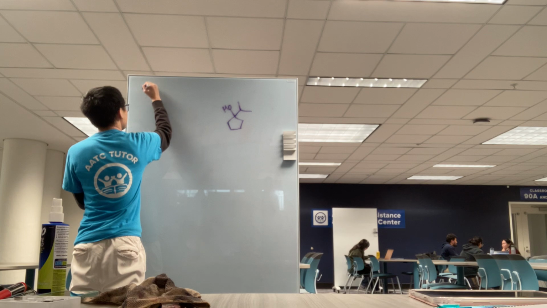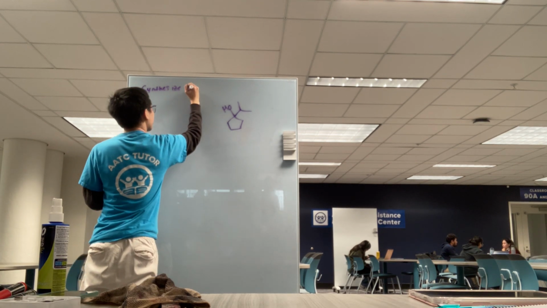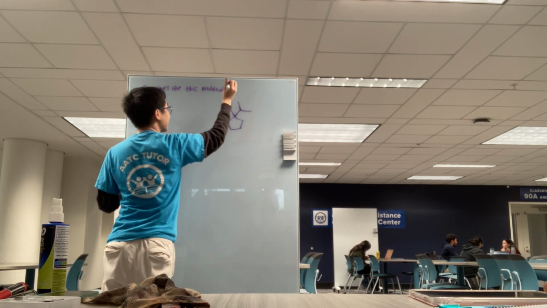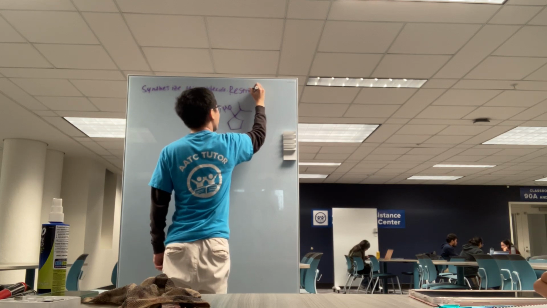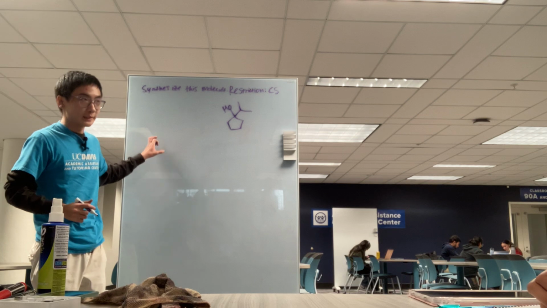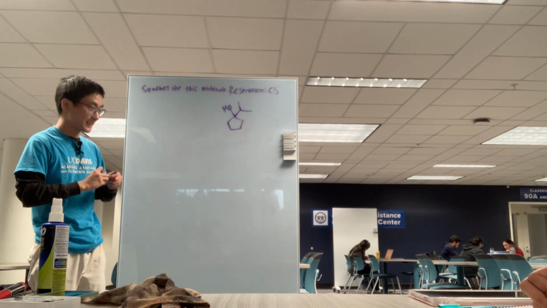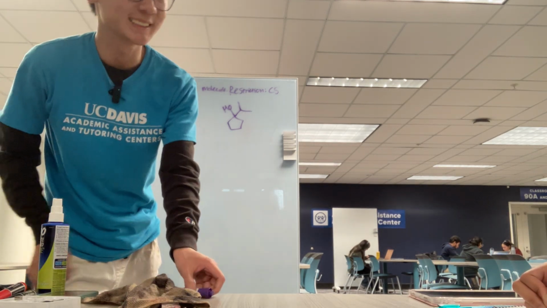Let's say synthesize this molecule. The restriction, C5. Meaning that your reactant molecule cannot be bigger than 5 carbons. Right. So find your disconnections and try this for a few minutes, and we'll go over this.